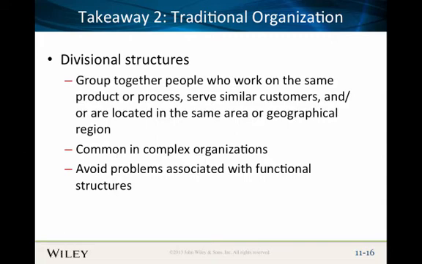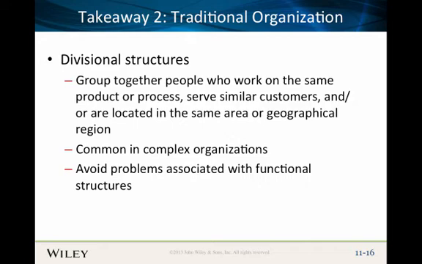So for example, you will hear an organization like Toyota, and Toyota might have what's called Toyota Japan, and they might have Toyota America. What are those? Those are divisions of Toyota, and they were created based upon the geographical region that specific area of the organization is created to serve.